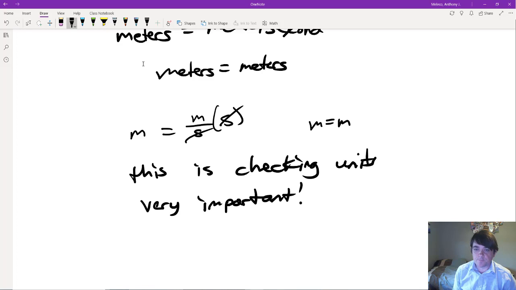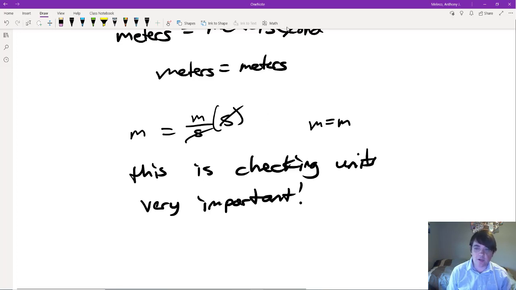Very important. You'll often see me checking units after I solve a problem to make sure that I solved it correctly. Because if I'm trying to solve for time and I don't get seconds after I've solved the problem, something's wrong. And this is kind of your first hint of that.